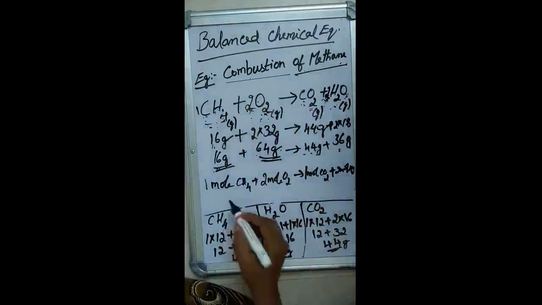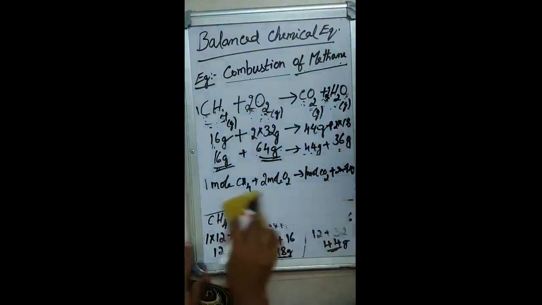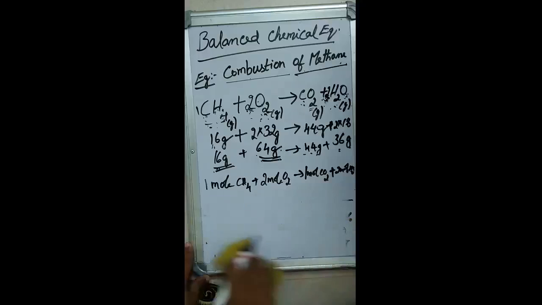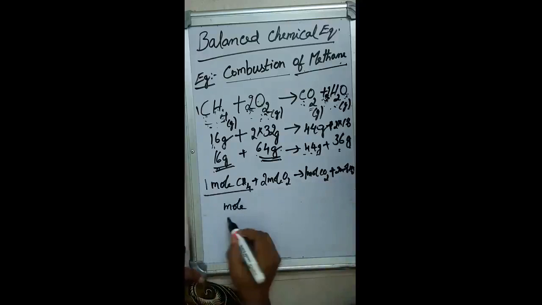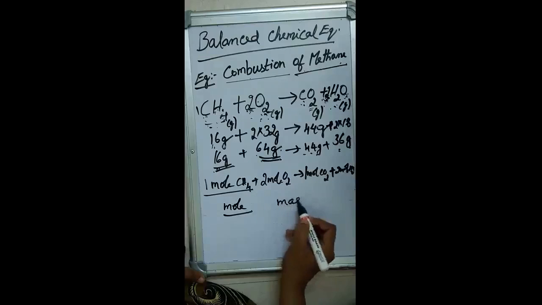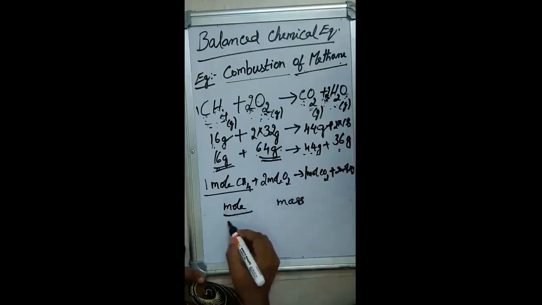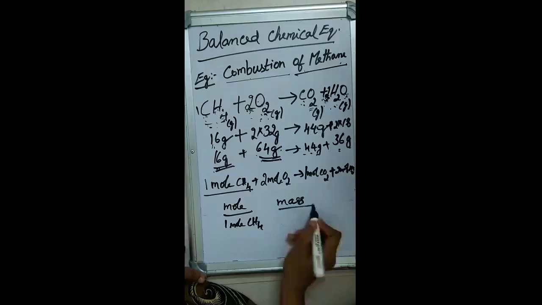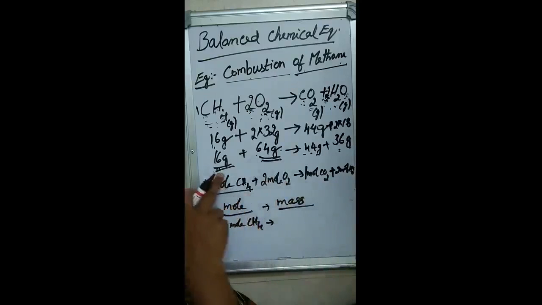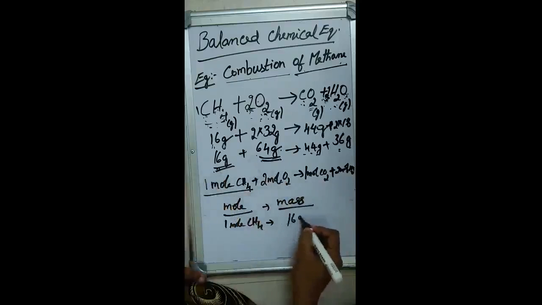Okay, so that means this I will erase. So I will correlate between mole and mass. 1 mole of methane means how many gram is present? Here, see, 16 gram.